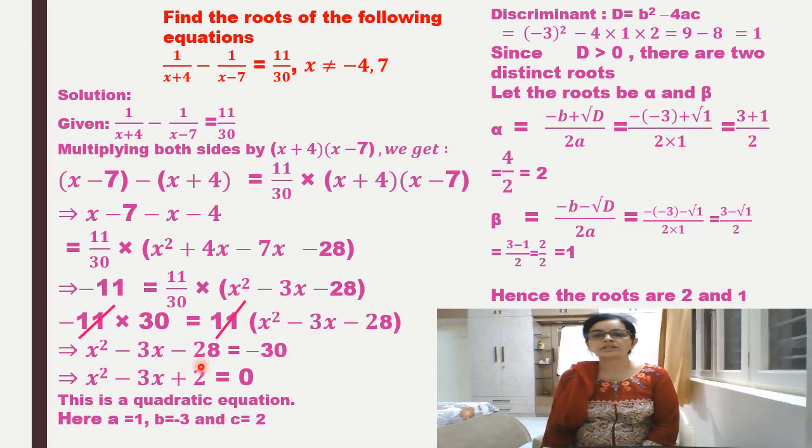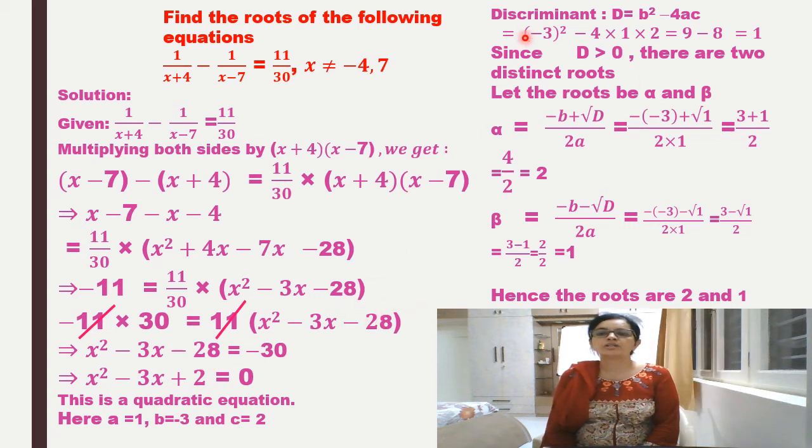And this is the quadratic equation we wanted. And what are the values of the coefficients of this quadratic polynomial? A is equal to 1, which is the coefficient of x squared. B is equal to minus 3, which is the coefficient of x, and C is equal to 2, which is the constant term. And then here we are with our discriminant.